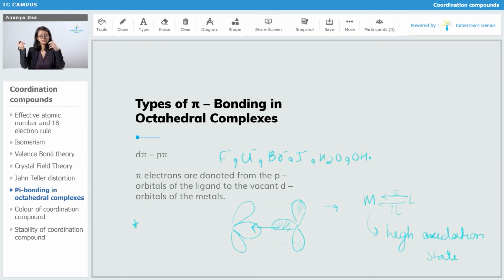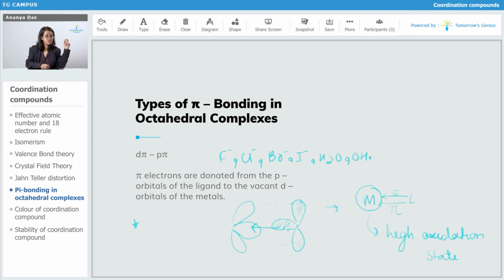If the metal's orbitals are already filled, that is, if it has a low oxidation state, then the ligand will not be able to donate electrons, because the metal is not going to have any empty orbitals. So the metal should be present in a high oxidation state, and the donation happens from the p orbitals of the ligand to the empty d orbitals of the metal.